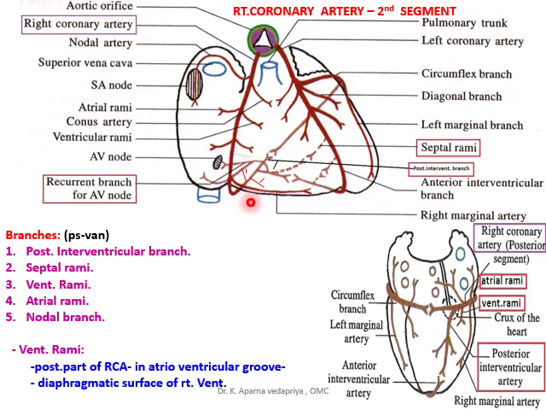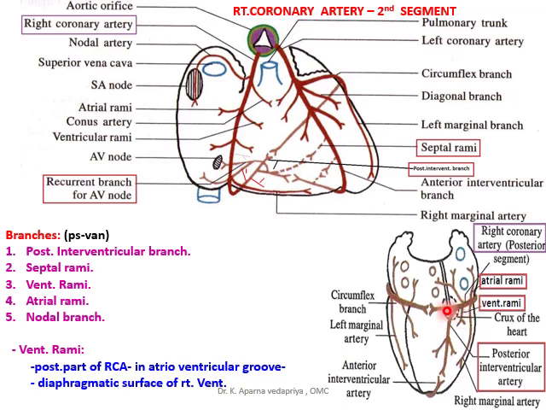These ventricular rami supply the diaphragmatic surface of the right ventricle.